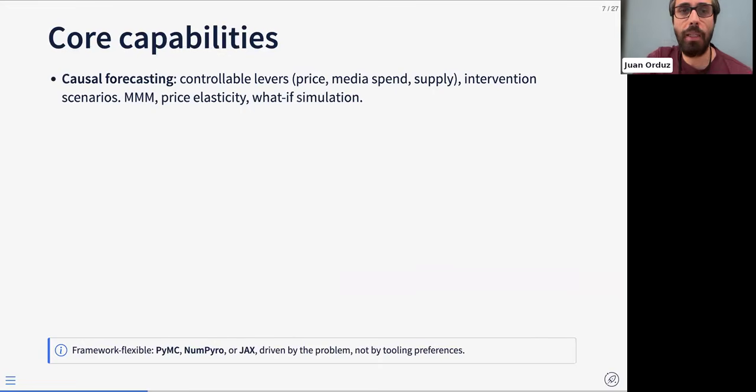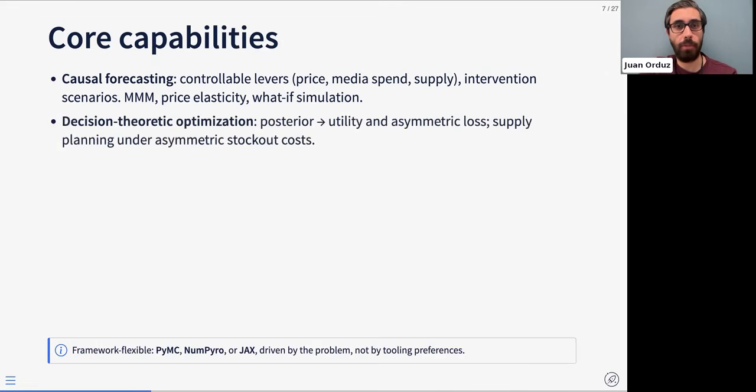So the core capabilities we're interested in revolve around causal forecasting, which means we want to understand the forecast as an output of an input that we can intervene on and run what-if simulations. Again, price elasticity, price fluctuation, or marketing optimization in the context of marketing analytics.